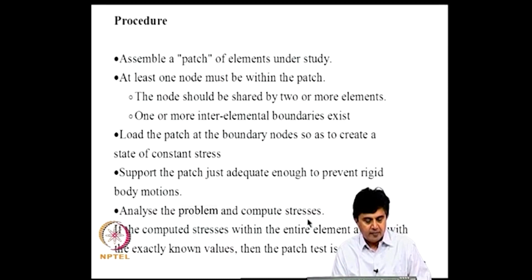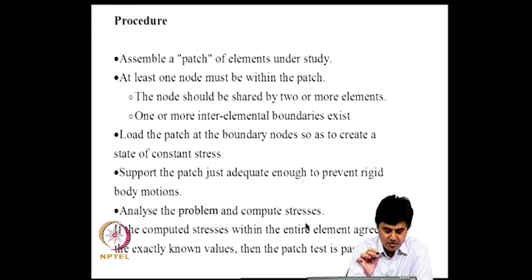The story goes something like this. What we do is we assemble a patch of elements under study. The assembling of this patch of elements should be such that at least one node must be within the patch, and the node should be shared by 2 or more elements, and 1 or more interelemental boundaries must exist.